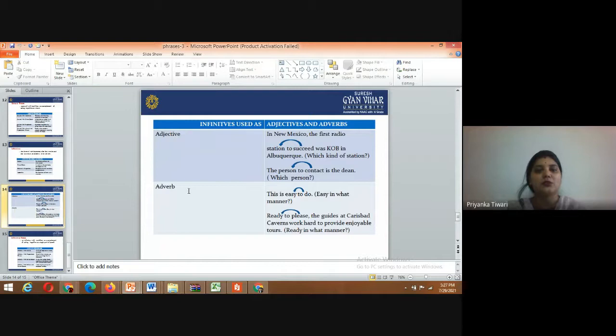Now, infinitive used as an adjective and an adverb in New Mexico.